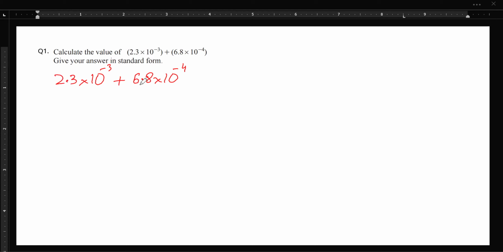First thing first, we must decide which power is the small power, and we have to convert it into the big one. So minus 4 is the small one and minus 3 is the big one. So let's make this minus 4 into minus 3.